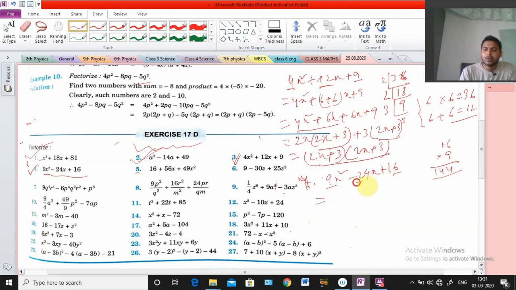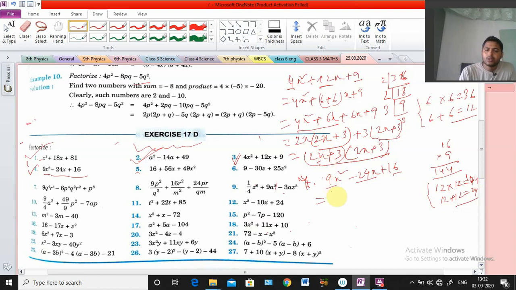144 means we can do one thing. See, we need what? 24. 24 means, yes, we can do one thing. 12 into 12 is 144 and 12 plus 12 is 24. Okay, 12 plus 12 is 24 and 12 into 12 is 144. So that one we will do.